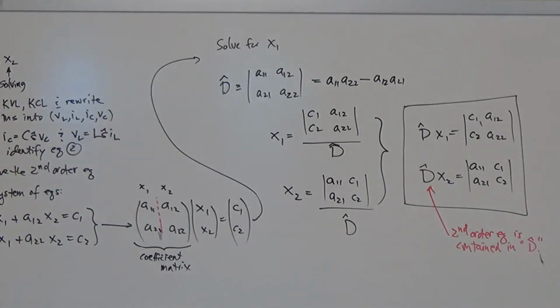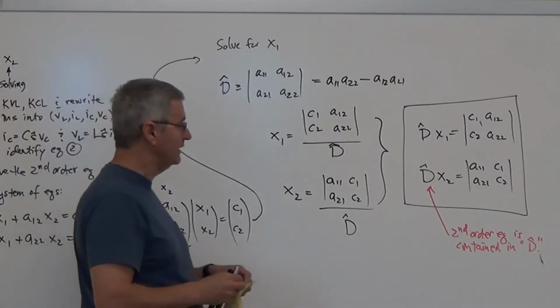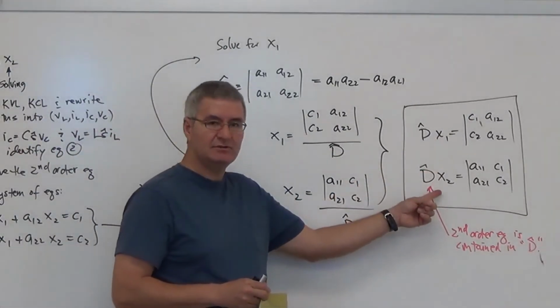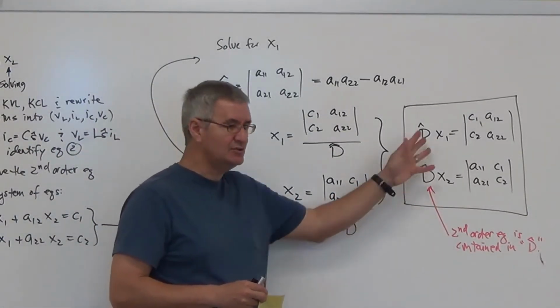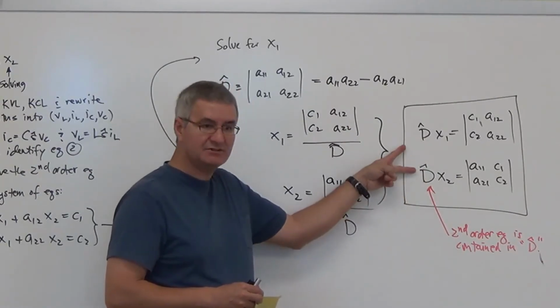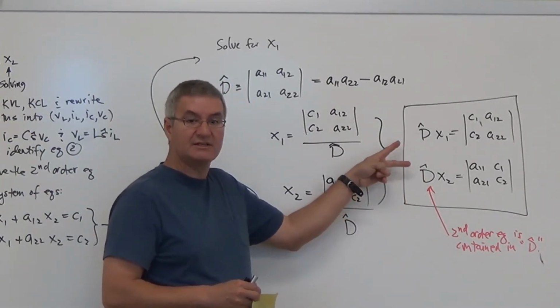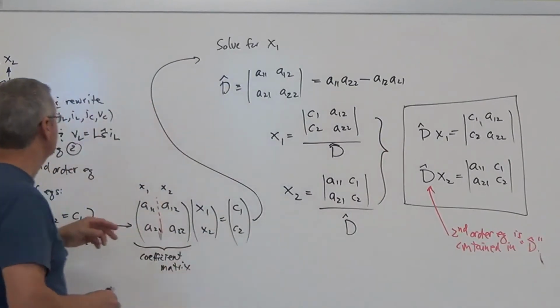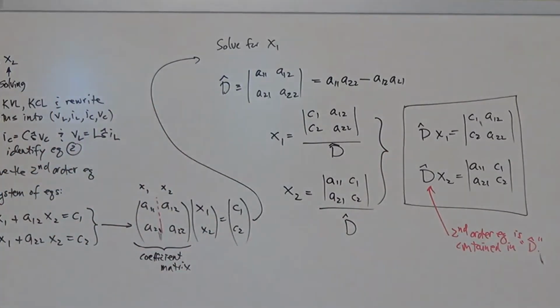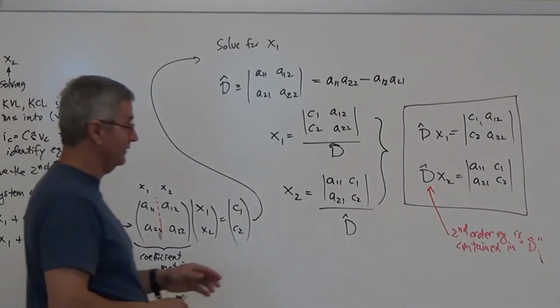Another thing we're seeing once again here is, look at that, x1 and x2. What's the difference between x1 and x2? It's not the D's, they're the same. What's contained in those D's? It's the so-called natural response, right there. It's the exact same thing.